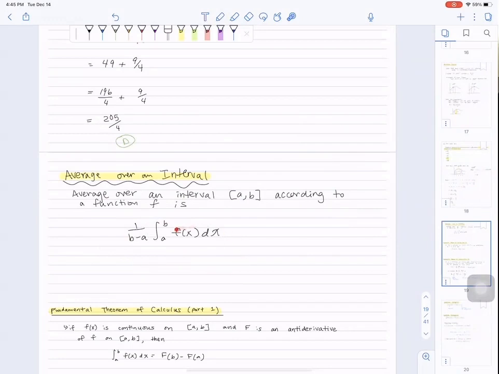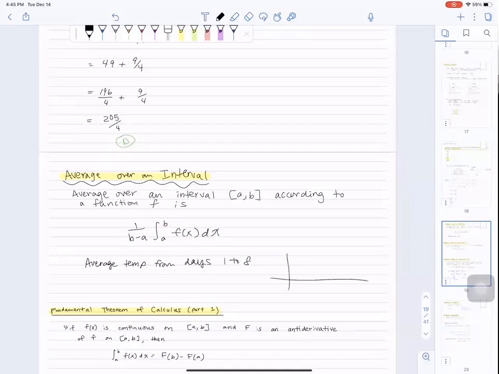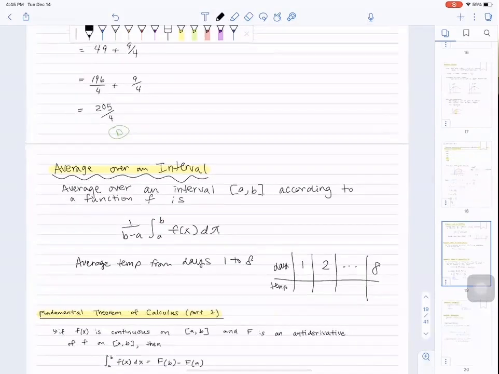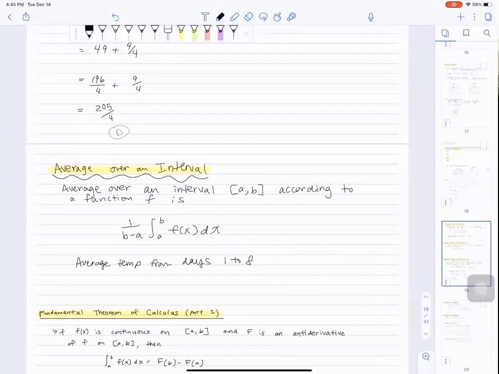Like if they ask, what is the average temperature from days 1 to 8? And they gave you a chart, you could find the average that way. But let's pretend they didn't give you a chart and instead gave you a formula, f of t equals something.